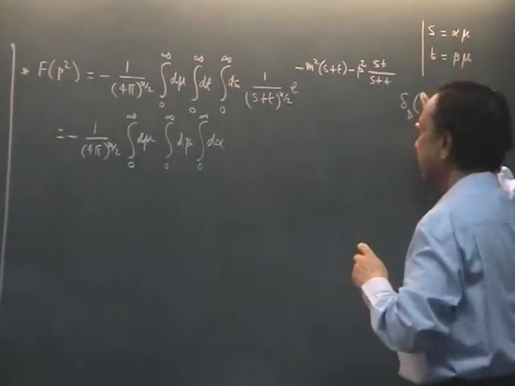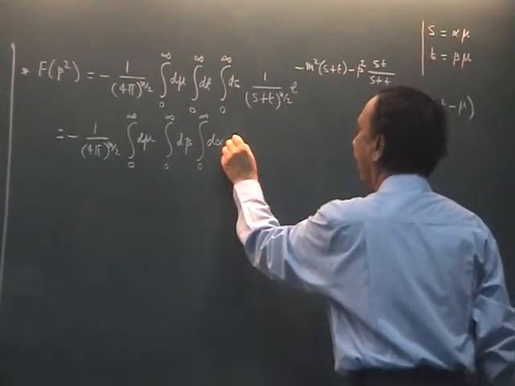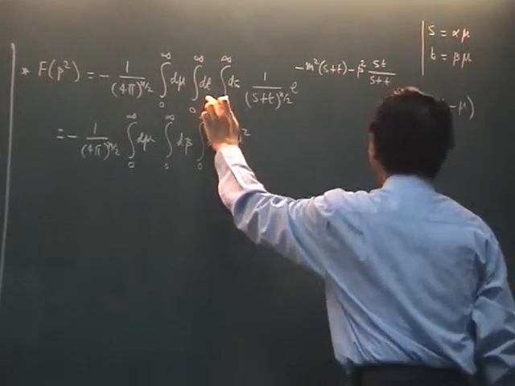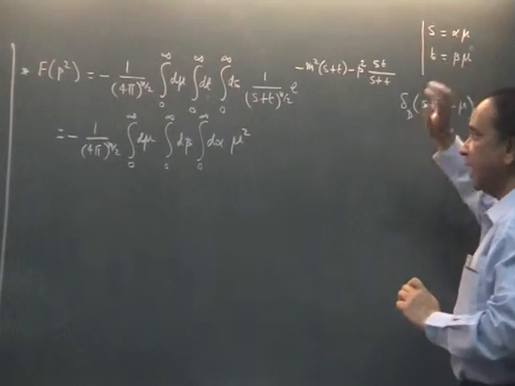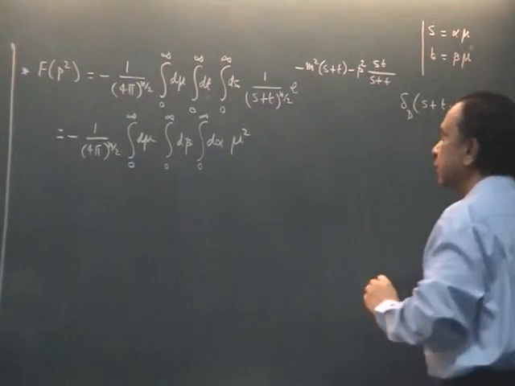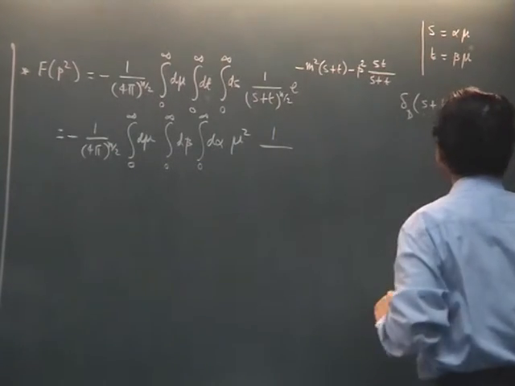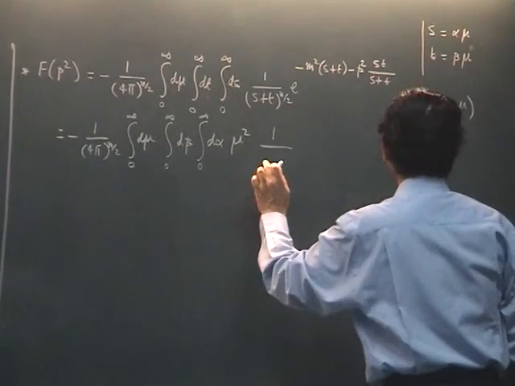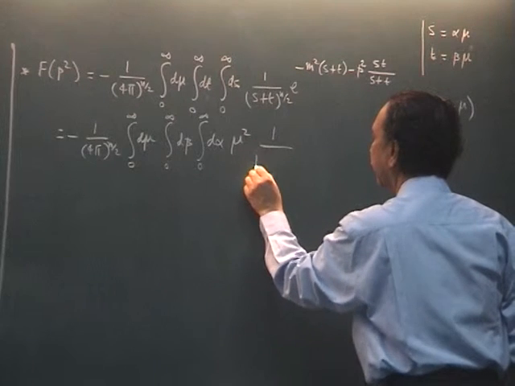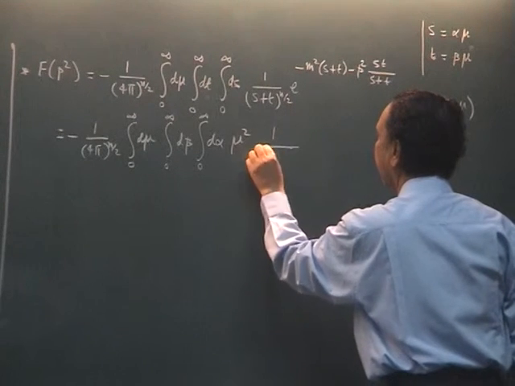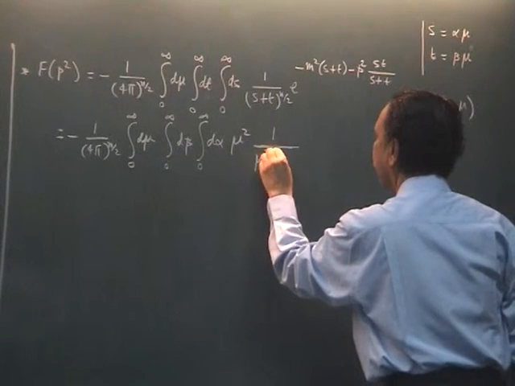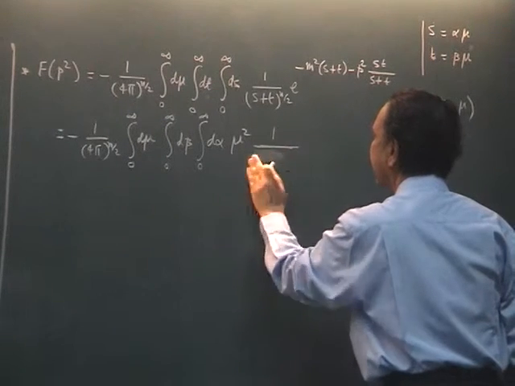So I get two factors of mu there, so there's a mu square. dt is mu times d beta, similarly, so I get two factors of mu. Then I get a 1 over s plus t. S plus t is going to be mu to the power n by 2.